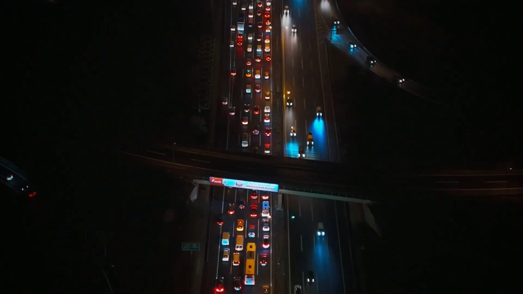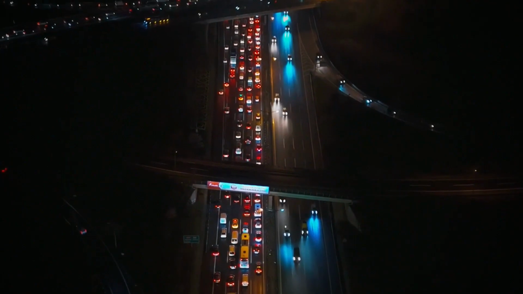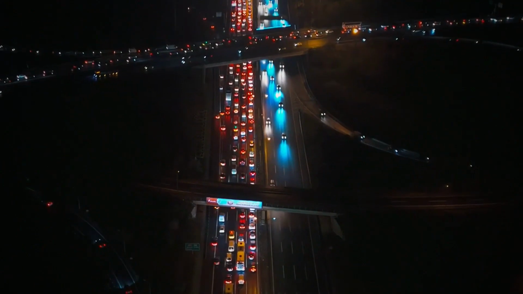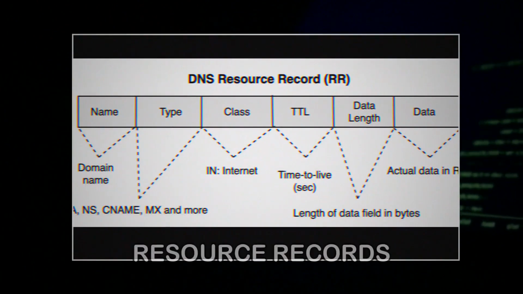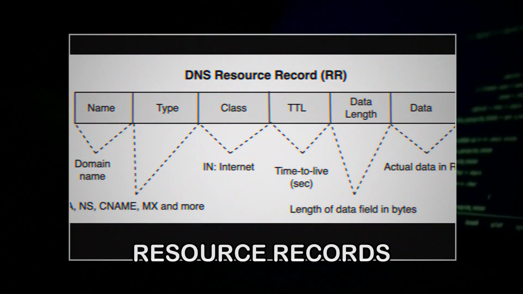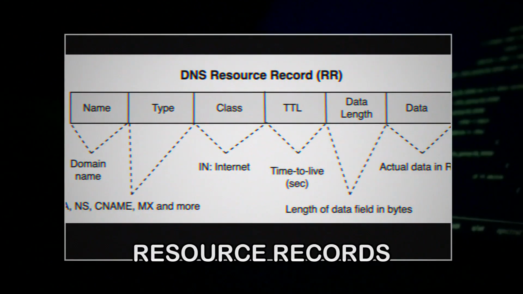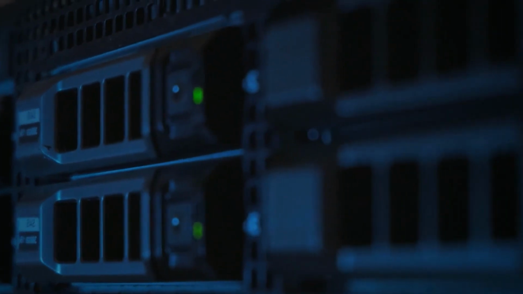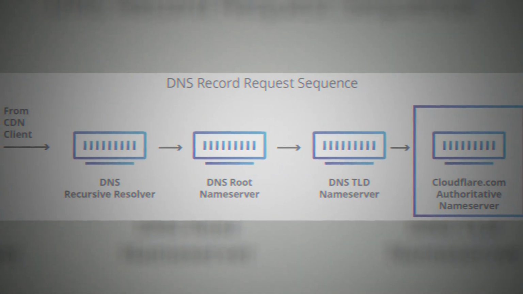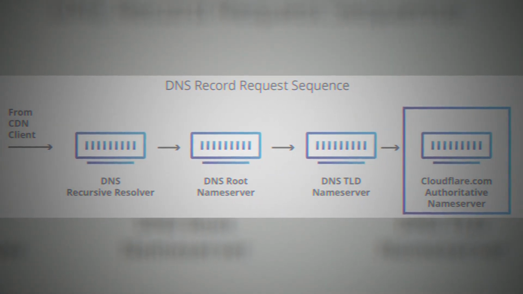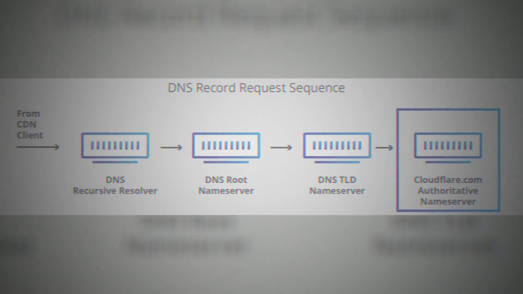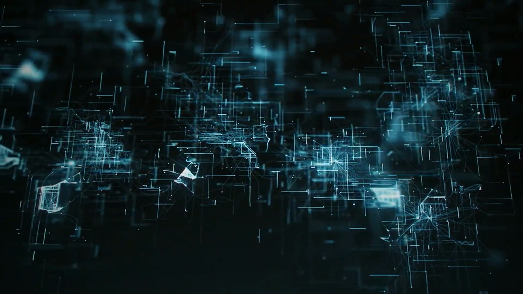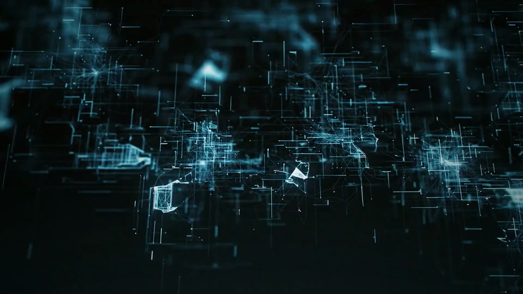The answers that come back from authoritative servers are not always simple address records. DNS stores several types of resource records, each serving a different purpose. An address record maps a name directly to the IP number your device needs. But sometimes the authoritative server returns a different kind of record, one that says, "This name is actually an alias for another name," and the resolver must follow the alias and resolve the new name in turn.